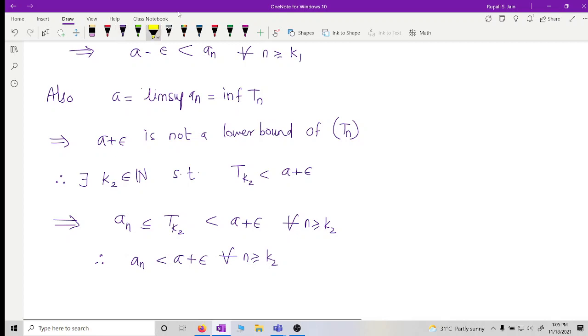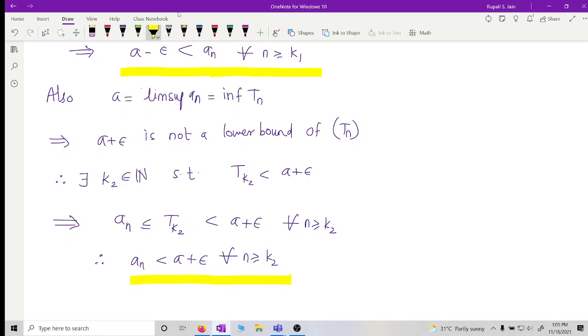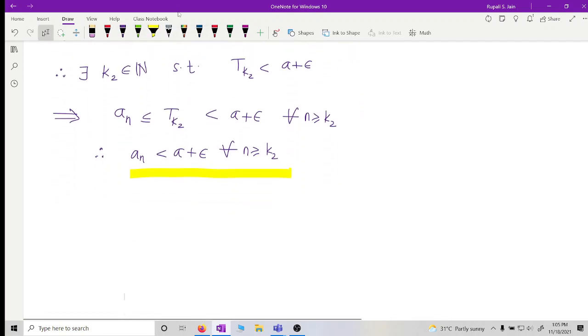So I have A minus epsilon less than a_n for all n greater than or equal to k1, and a_n is less than A plus epsilon for all n greater than or equal to k2. So take the maximum of k1 and k2. We have two natural numbers after that stage.